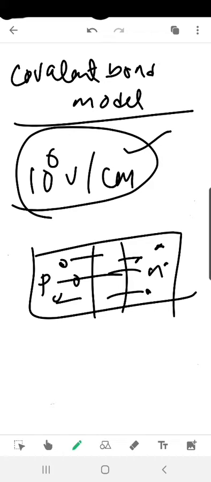One electric field was already there. Now this new electric field, generated due to the flow of these carriers, will add up to the previous field.